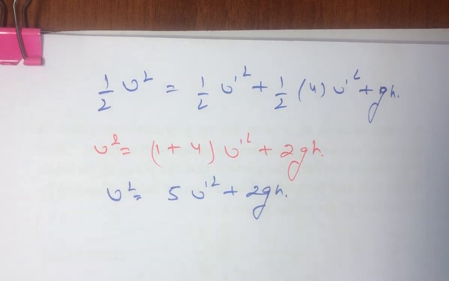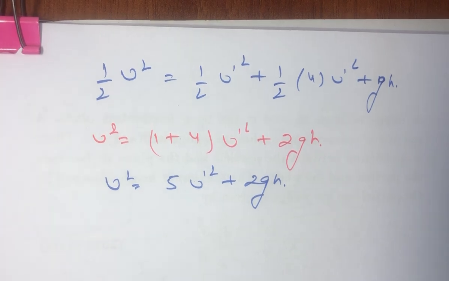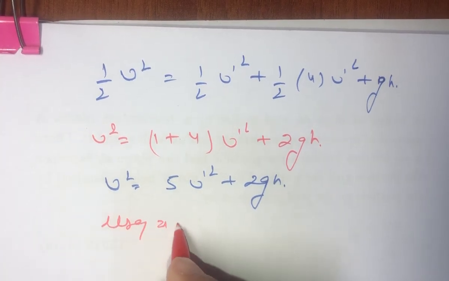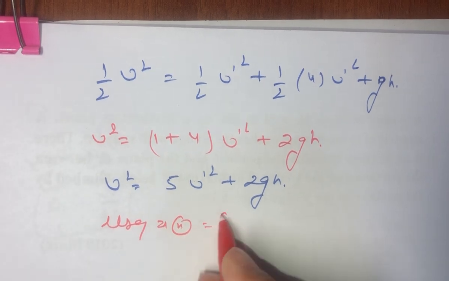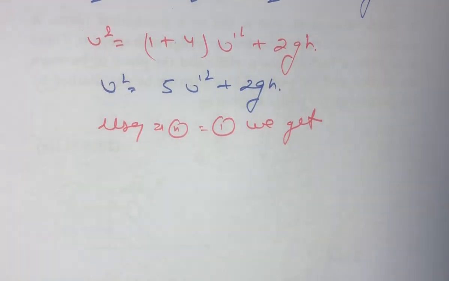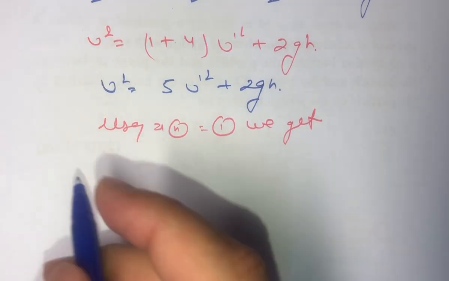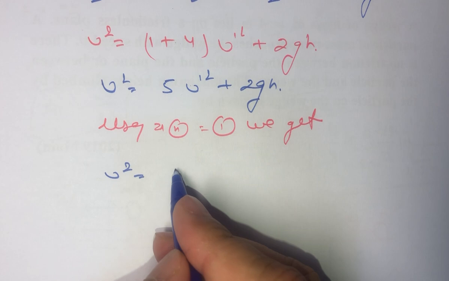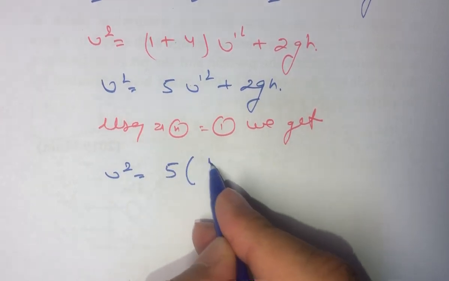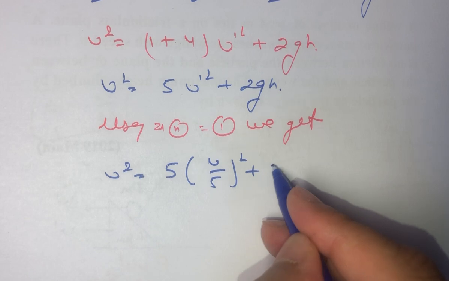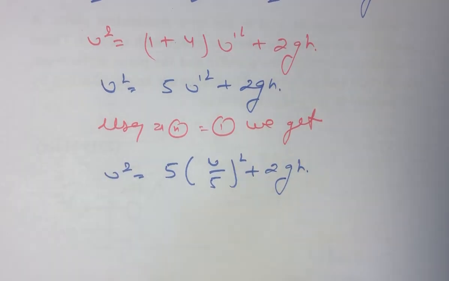Now we know the relation between v prime and v in equation 1, so using equation 1 we get v square is equal to 5 times v by 5 whole square plus 2gh.